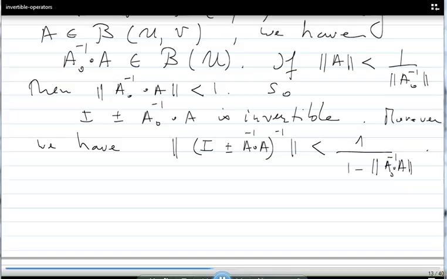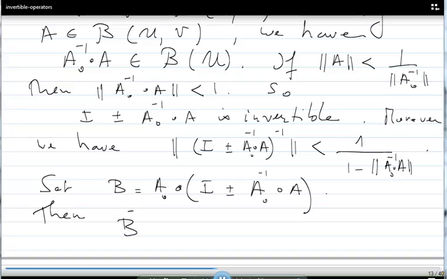So in this case, if we set B equal to A0 composed with I plus minus A0 inverse composed with A, then B inverse is equal to I plus minus A0 inverse composed with A, inverse, composed with A0 inverse.